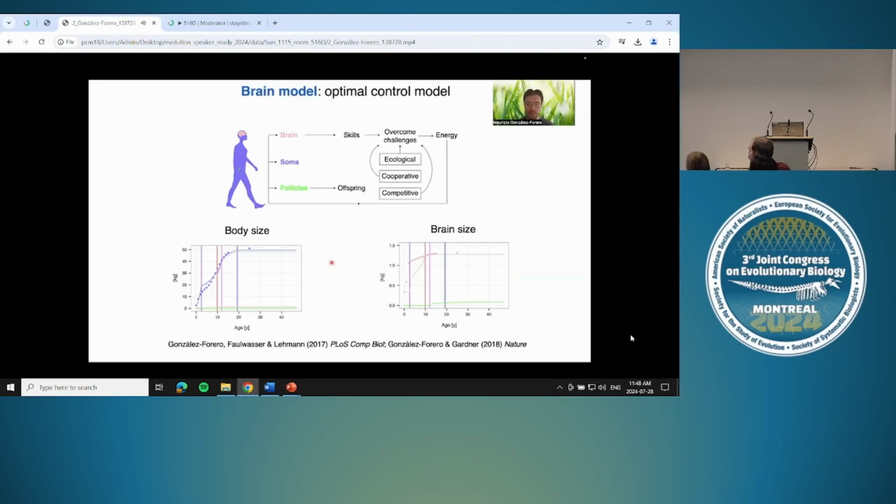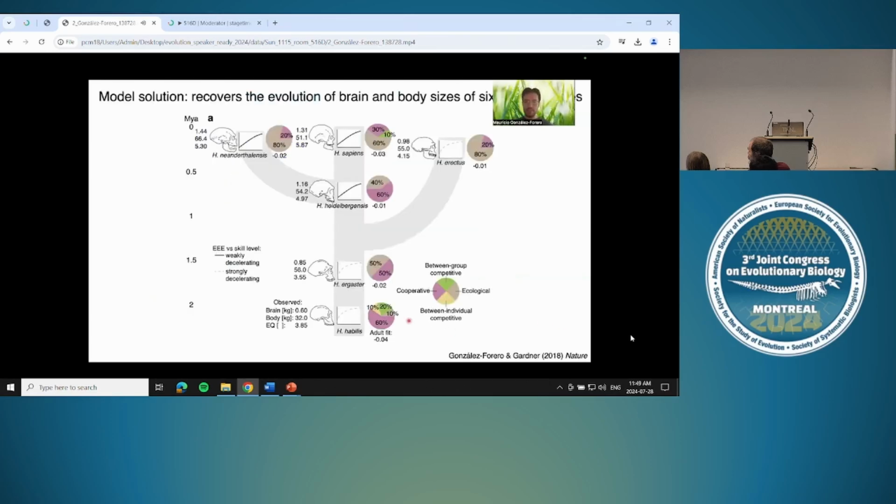For the parameter combinations used in these figures, the model can recover the evolution of adult brain and body sizes matching those observed in humans. You can change parameter values, which are described by these two elements here: a pie chart and a curve. We don't have to worry about what they mean; they just describe parameter values that the model has.